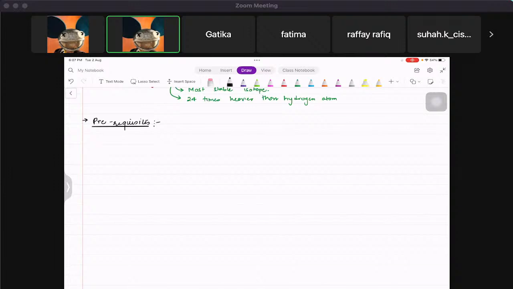so the first thing, this is from AS physics as well. You need to understand the value of unified atomic mass, and this is U in physics. You used to use it in AS nuclear physics.